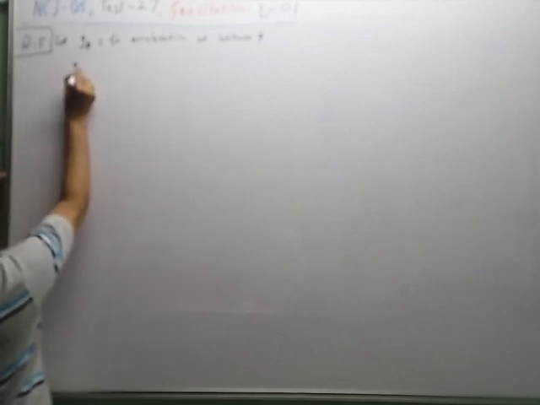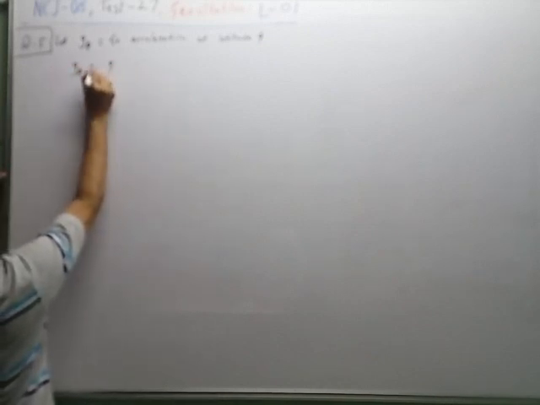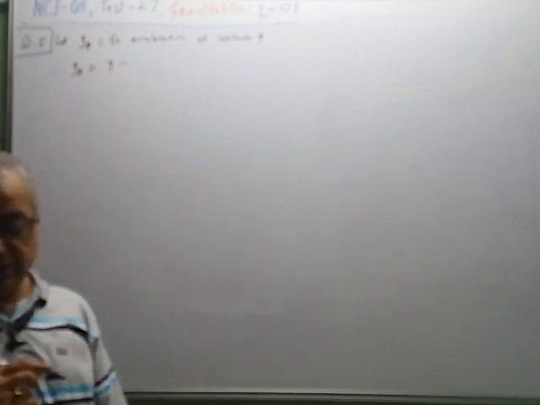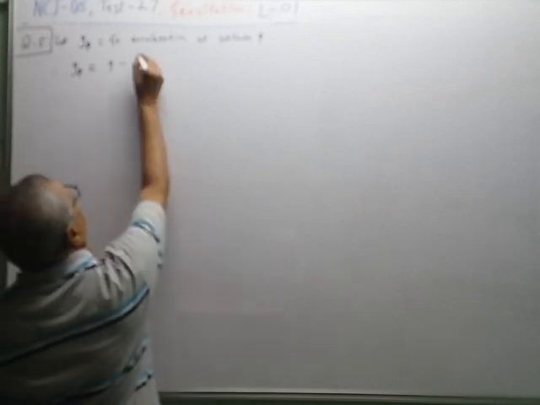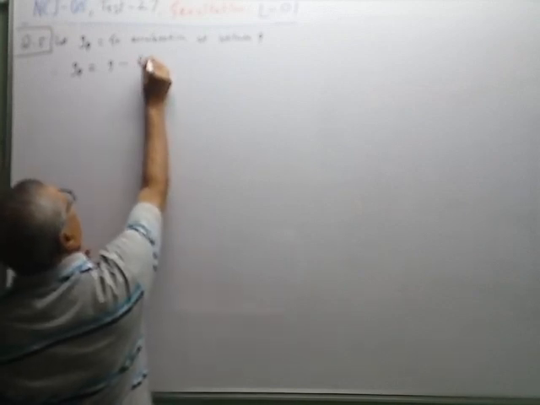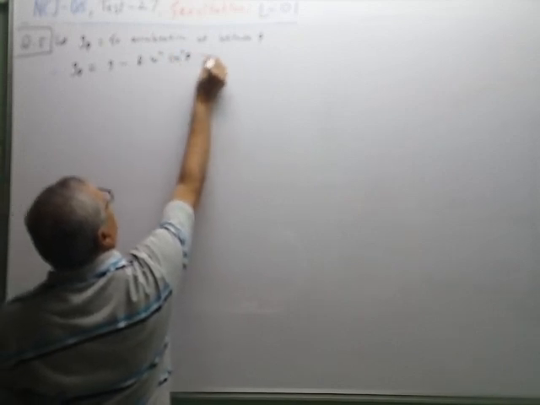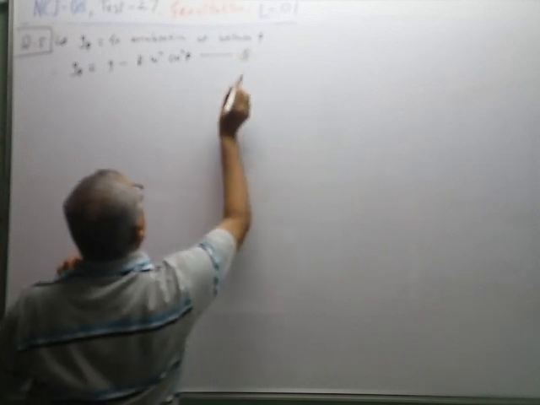Therefore, g phi is equal to g minus R omega square cos square phi. So this is the equation capital A.